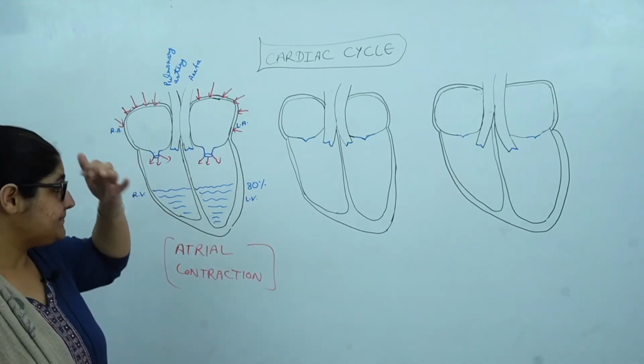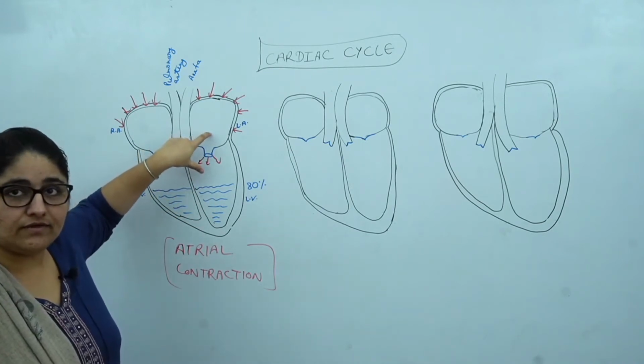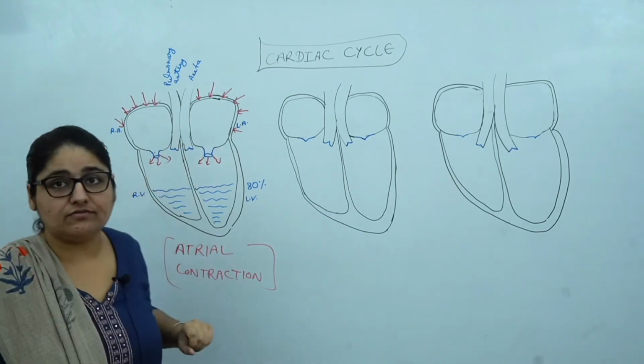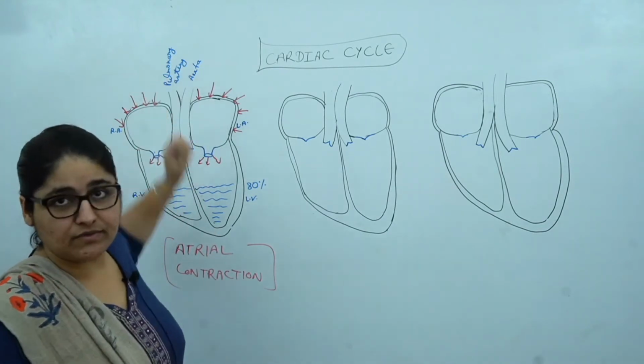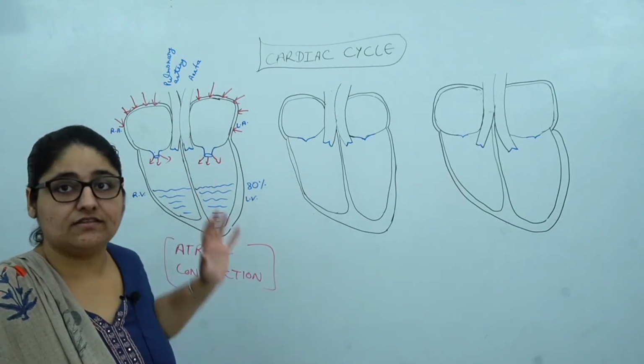So here we once again discuss the valves. Mitral and tricuspid valves are open. The semilunar valves of the aorta and pulmonary artery are closed. Now moving on to the second event, what will happen?